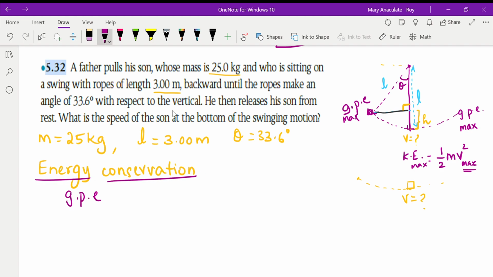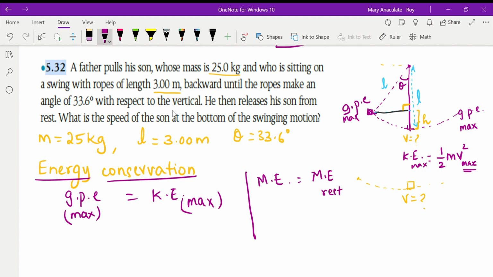So GPE maximum will be equal to kinetic energy maximum, or you can also write the mechanical energy at the maximum point will be equal to the mechanical energy at the rest position. Okay, this is the peak position.